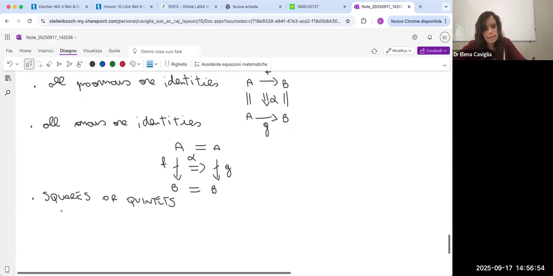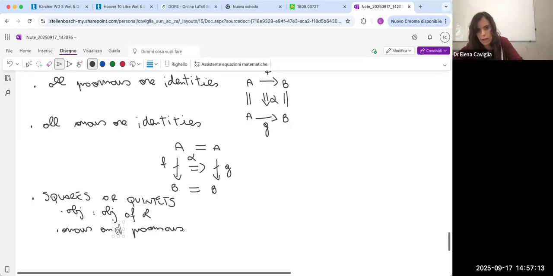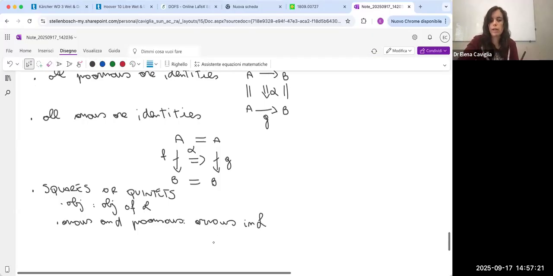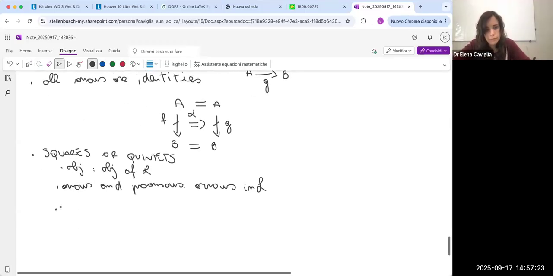How this works is I have as objects the objects of L. I have as arrows and as pro-arrows the morphisms in L. So pro-arrows and arrows are the same. Now our double cells are two-cells seen in this way.